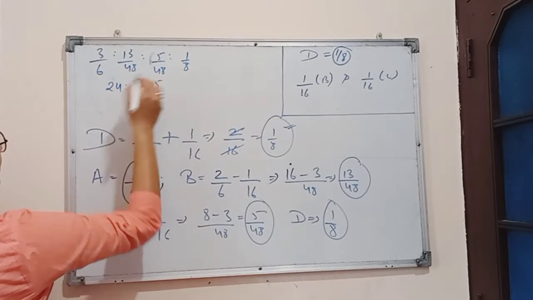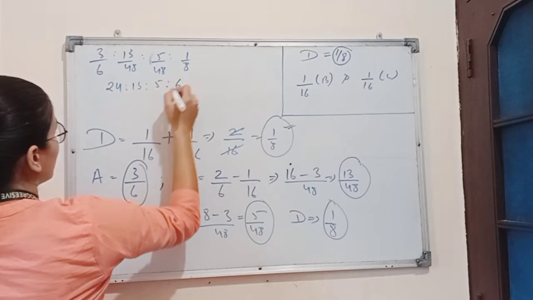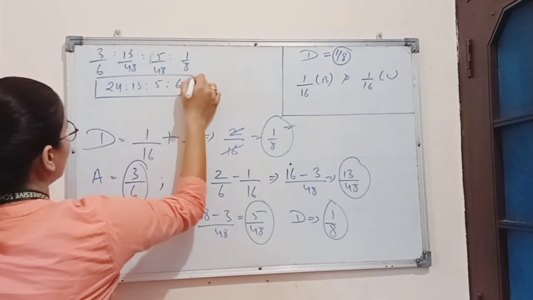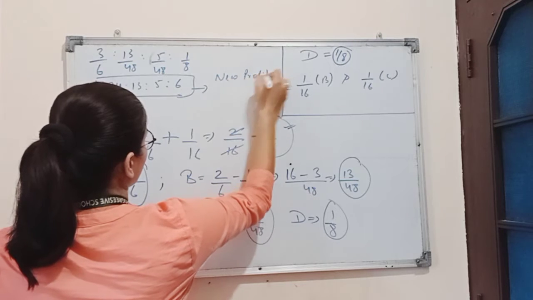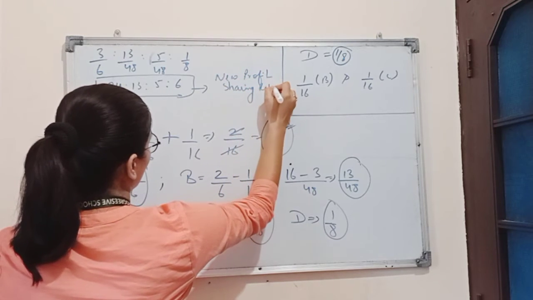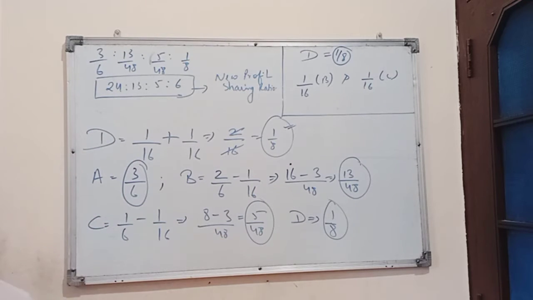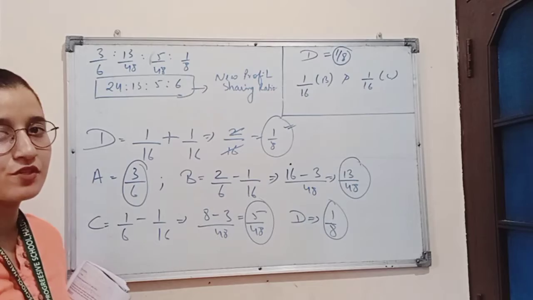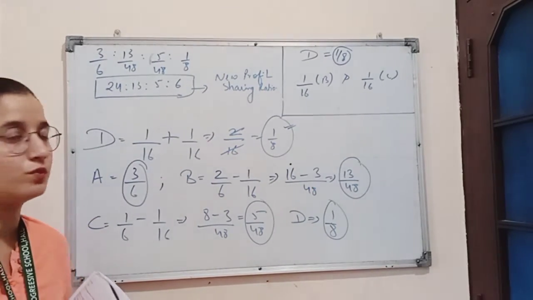Answer will be 24:13:5:6. This is the new profit sharing ratio among the partners. So this is how we will be calculating new profit sharing ratio in case of admission of a new partner according to case number 2.